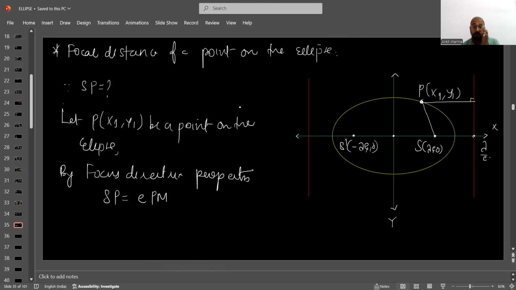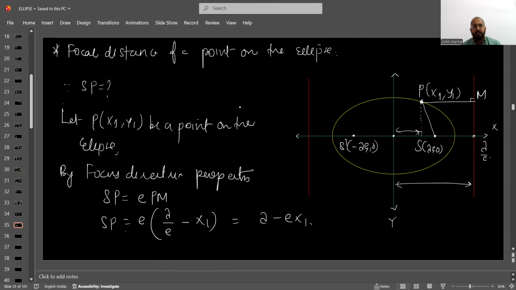So I want SP is equal to E PM. So E will be here only. I want to find out PM. So for PM, I'll just drop a perpendicular here. And then now we can see here, that means from this A over E, if I just subtract x1, then I get basically A minus E into x1.